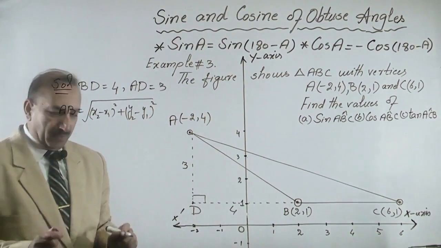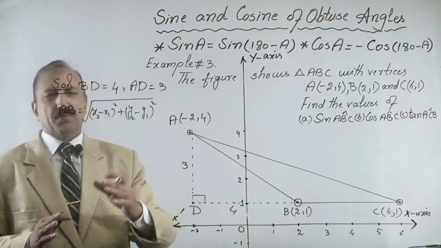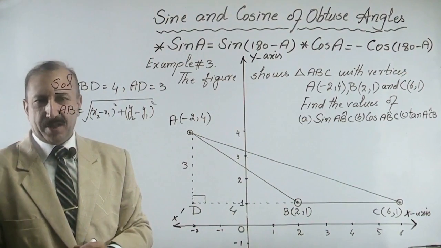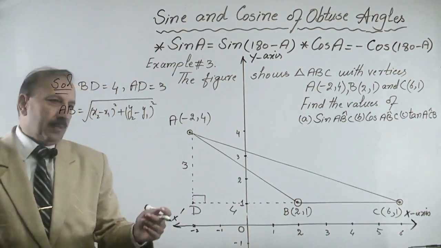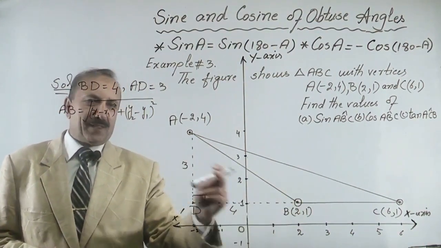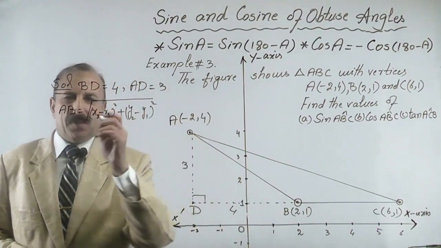This formula will help us to get this length AB. Then we will move to find these parts A, B and C: sine, cosine and tangent trigonometric ratios. So this is point 1 and this is point 2. This is x2 here, this is x1 here.